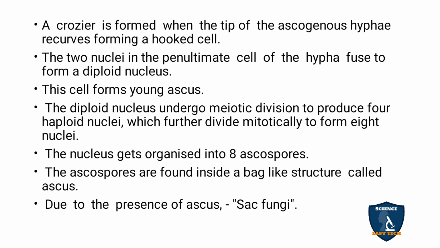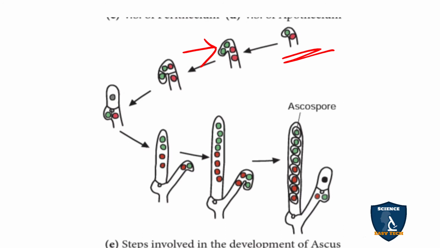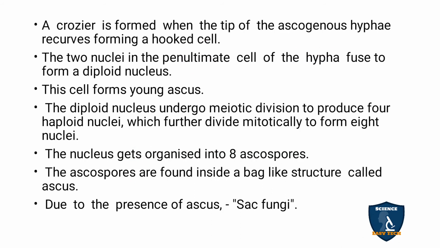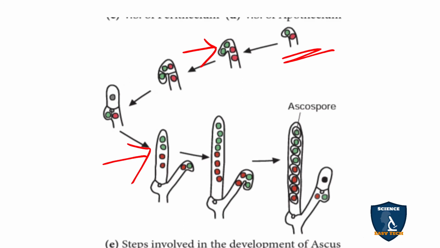This cell forms the young ascus. The diploid nucleus now undergoes meiotic division and forms four daughter cells.